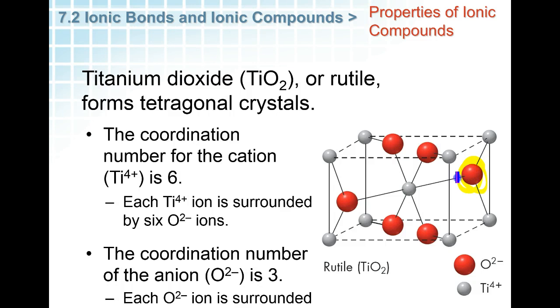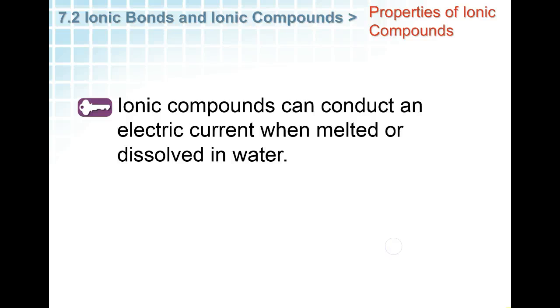This oxygen ion right here is connected to 1, 2, 3 titaniums and nothing else. It wouldn't be connected to another oxygen because the oxygens all have negative charges. We care about how many connections it's making to positively charged things. So I'll explain why coordination numbers are informative when we get to class.